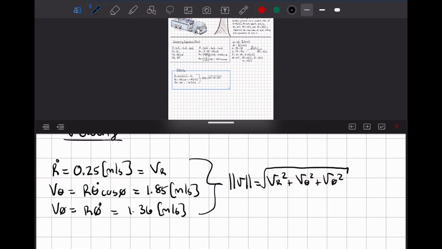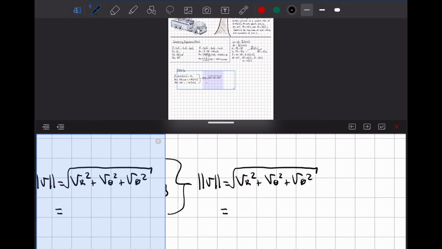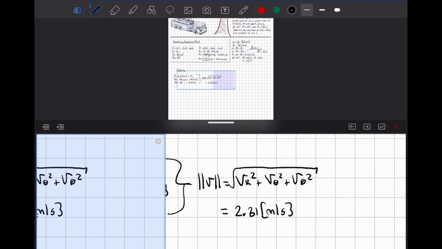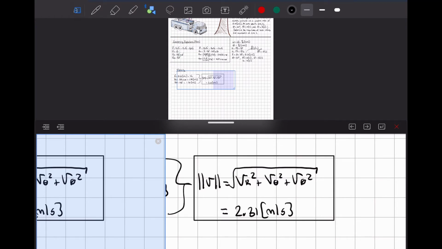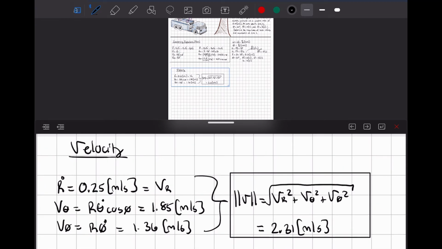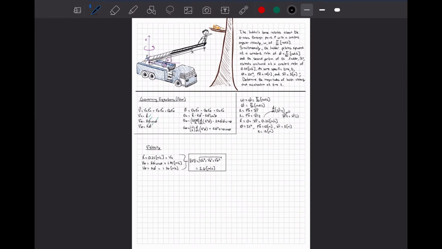And if we plug in our values for r dot, V theta, and V phi, we'll see that this is approximately 2.31 meters per second. Box that guy up. Okay, simple enough. Once we clarified our problem and wrote out our givens, we see it was just a simple plug and chug. So I'll get rid of that box, just draw a line, separate, and we'll move on.